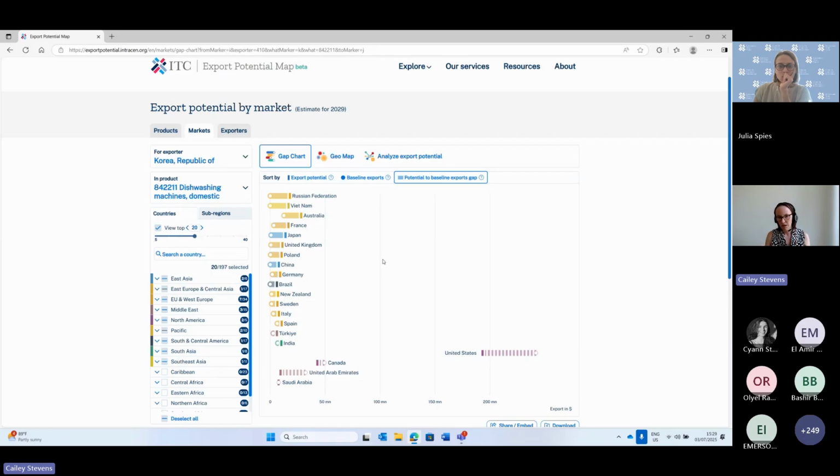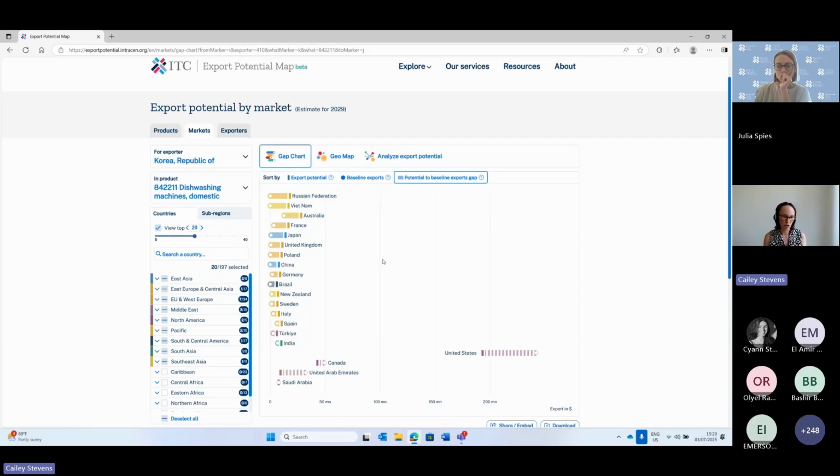But I want to talk about the US for a minute here, because as you may know, the US is currently implementing an additional 50% tariff on steel and aluminum products and their derivative products. And this actually applies to dishwashers. Dishwashers, from analysis we've done on our value chain studies, are about 40% steel.